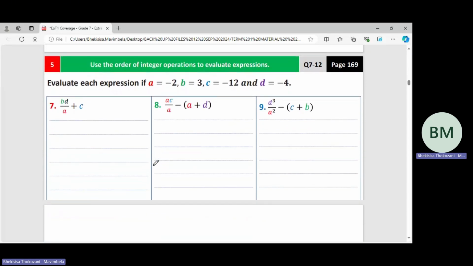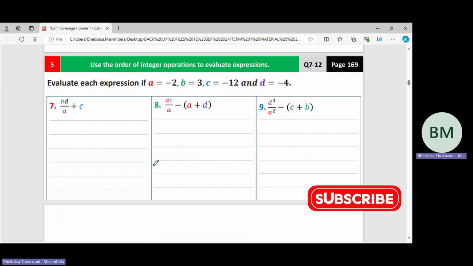So we're going to move down to something different, which is this one here. Now we'll go to how to use order of operations. Okay, that's what we're going to do now. So we can see here, it says evaluate each expression, right?